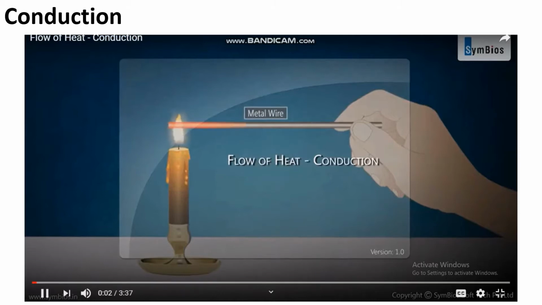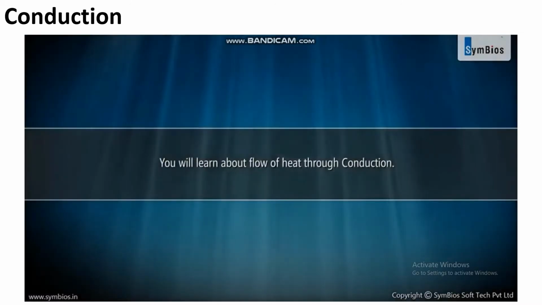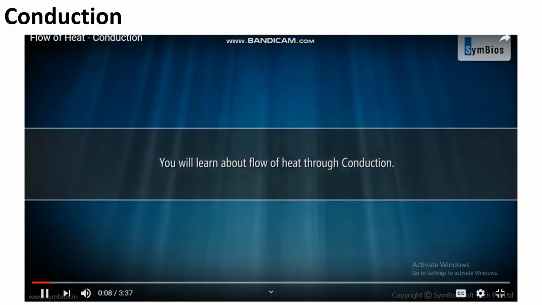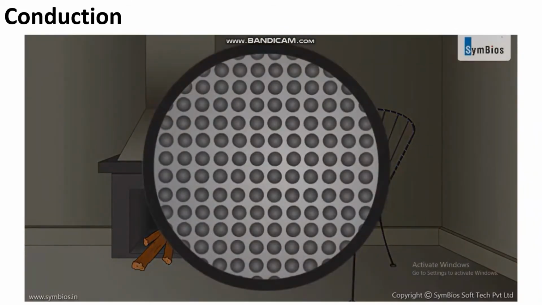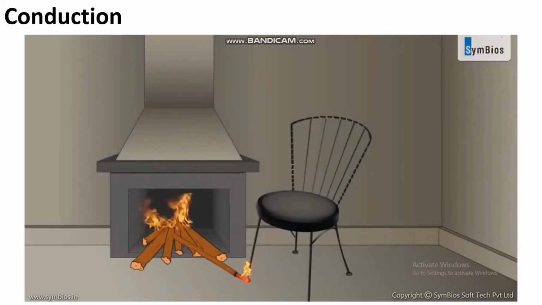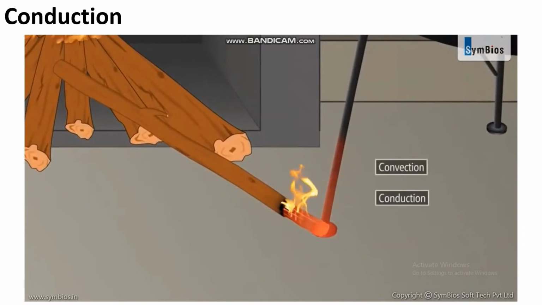Flow of heat. You will learn about flow of heat through conduction. Matter is made up of atoms and molecules. They are constantly in motion, producing heat or thermal energy. Heat transfers from one place to another in three different ways: conduction, convection, and radiation.